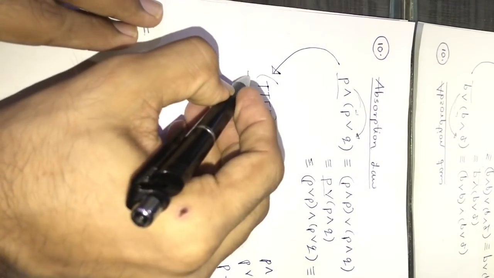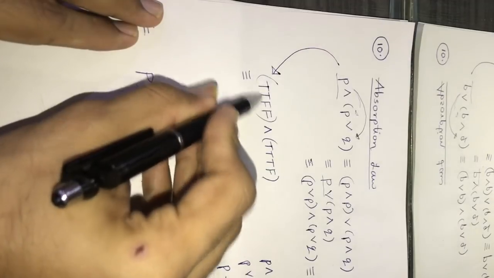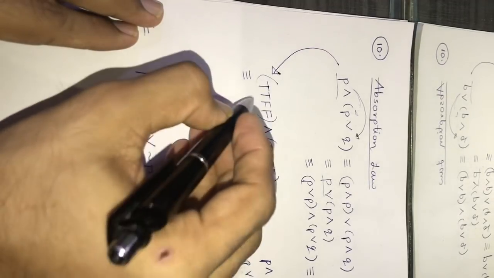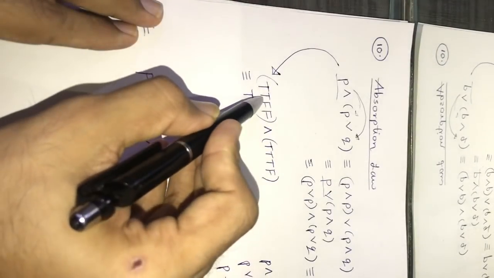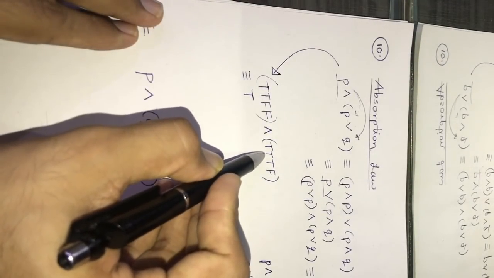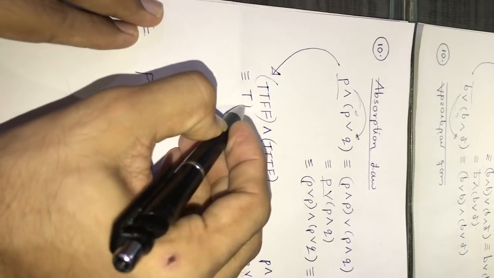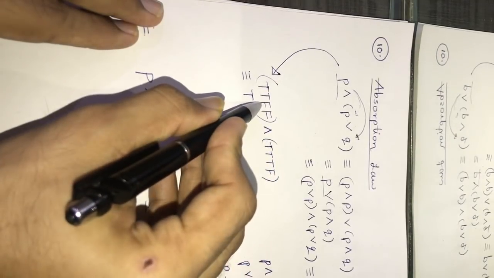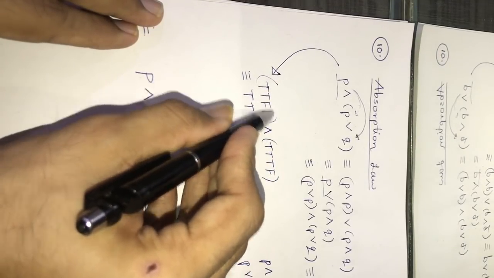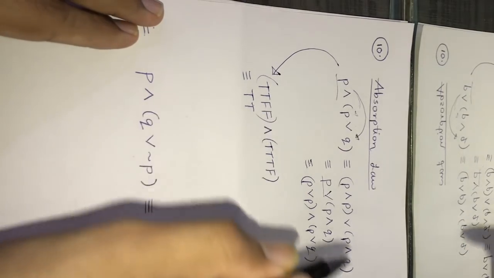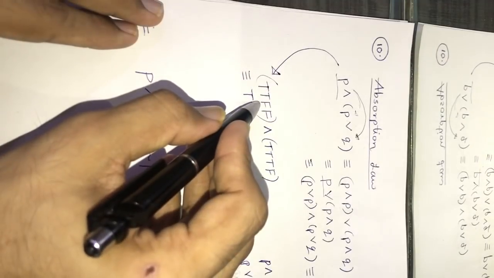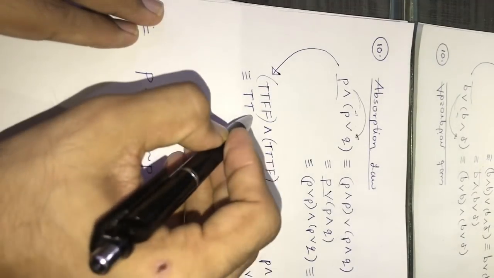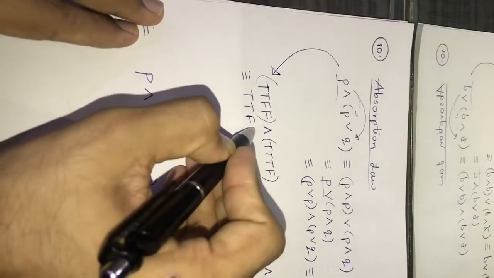And then one by one we can find the AND. True and true is true. Then true and true, again true. Now false and true, I don't have to check, it is going to be false, because in AND, if one is false, the answer is false. False and false is false.